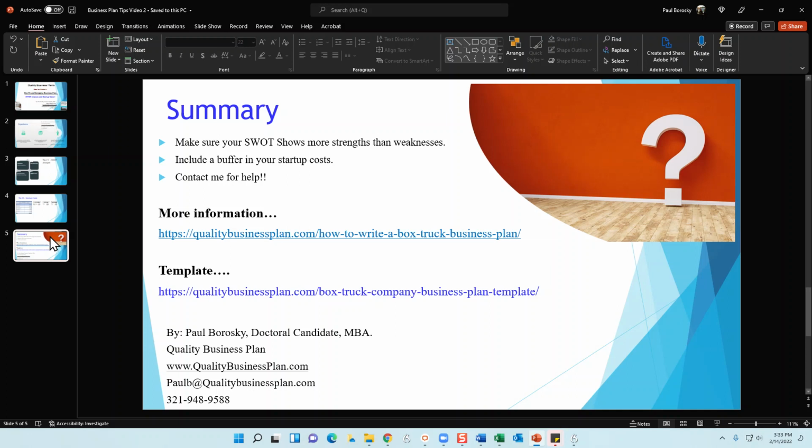Next, when you're doing your startup costs, make sure to add some buffer. You might think that a new truck is going to be $110,000, and then with inflation, by the time you're ready to pull the trigger, it might be $120,000 or $125,000. So for each one of the categories, or for the whole startup cost, make sure to put some kind of buffer in there.